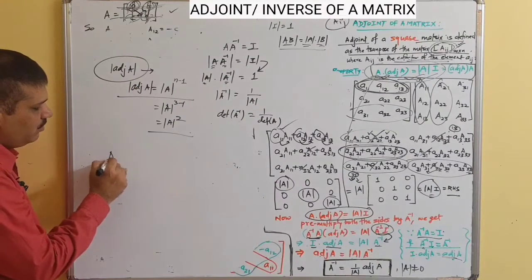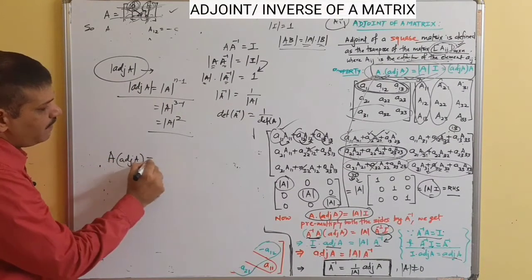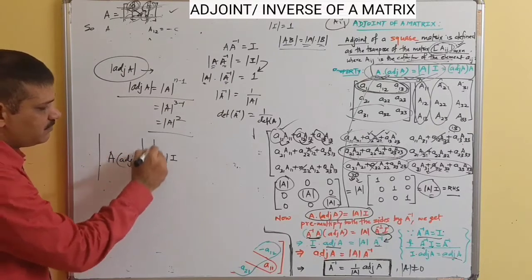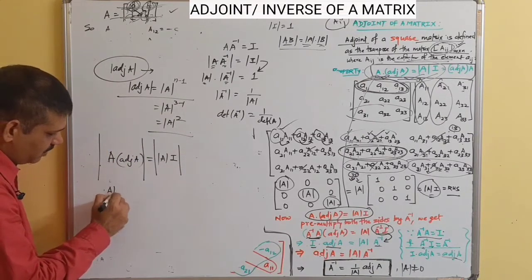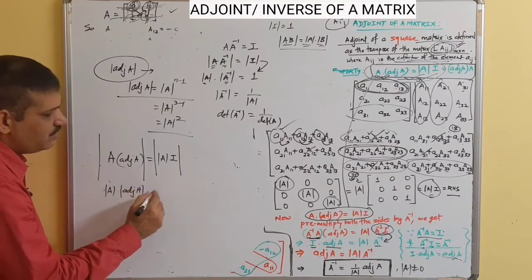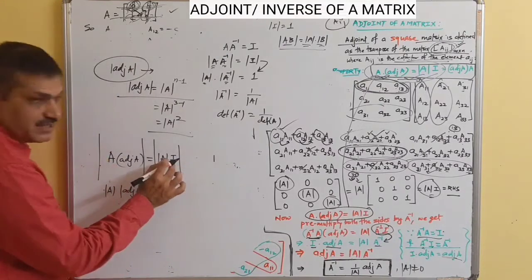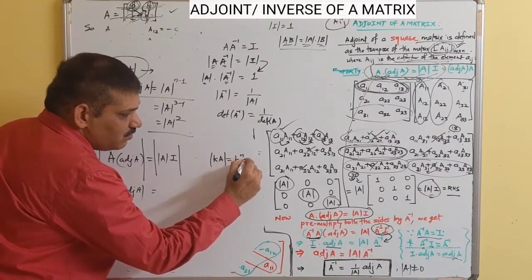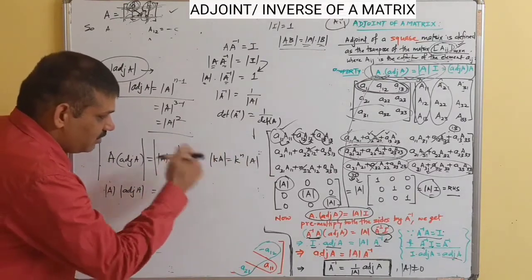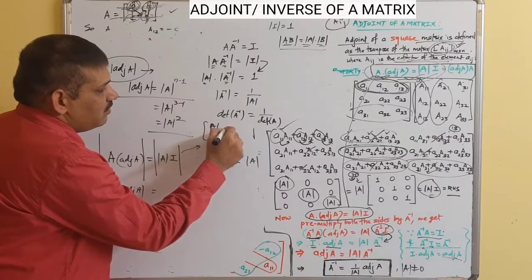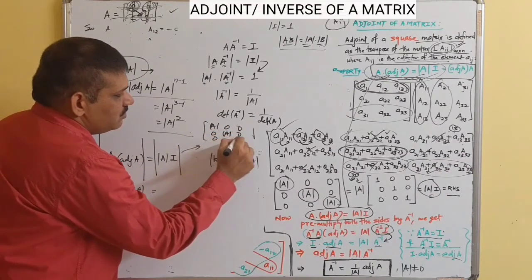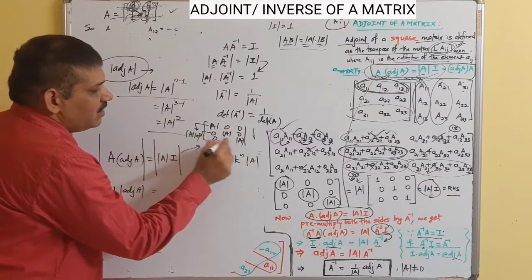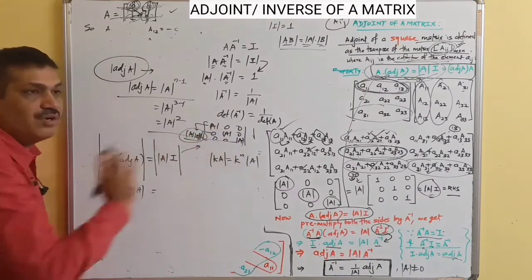We have A into adjoint A is equal to determinant A times I. Taking the determinant of both sides, this will give me determinant of A into determinant of adjoint A is equal to the determinant of determinant A times I. For a matrix, the determinant of K times A is equal to K raised to n times the determinant of matrix A, because if it is a 3 by 3 matrix, then it is determinant A 0 0, 0 determinant A 0, 0 0 determinant A. If I take determinant A common, it will be taken once from here, determinant A again from this, then determinant A cube, that is equal to its order.